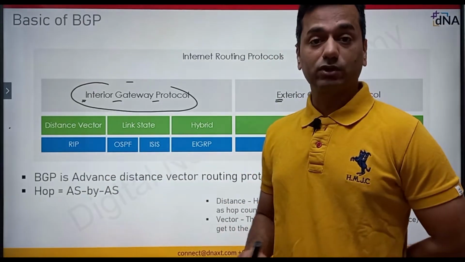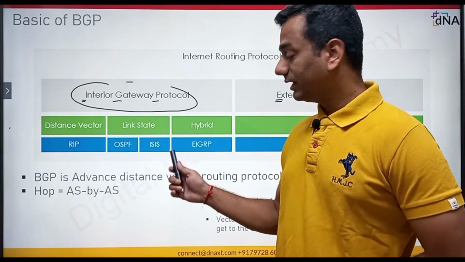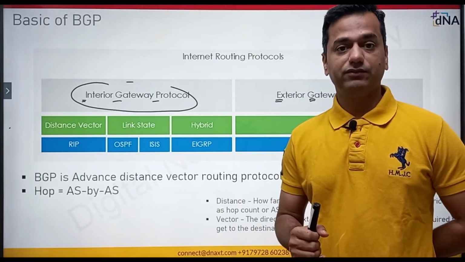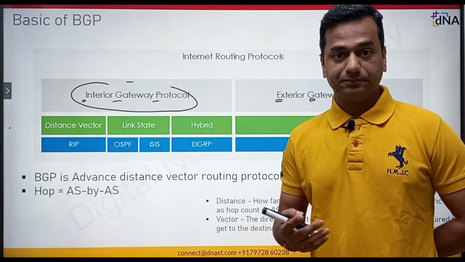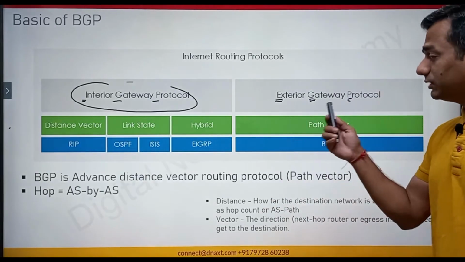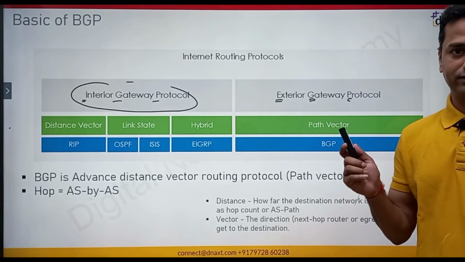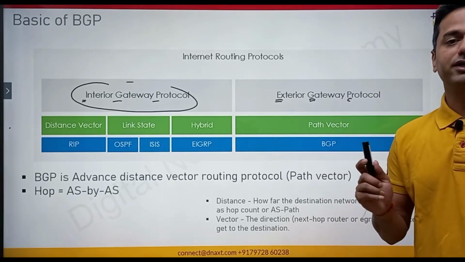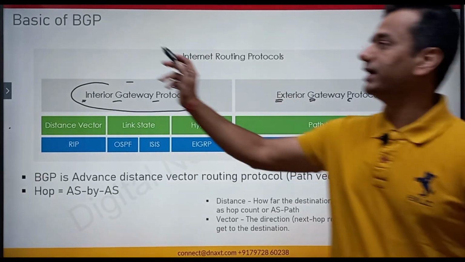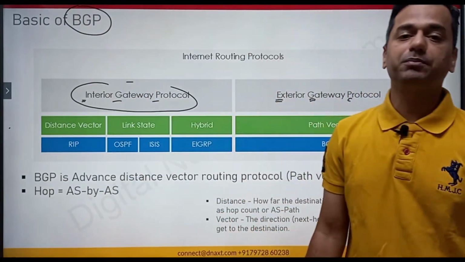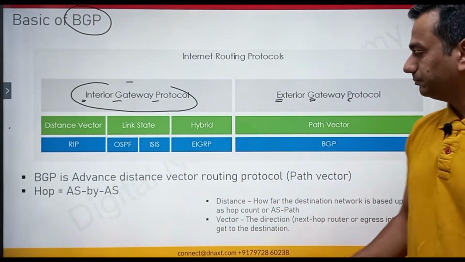Then link state routing protocols, OSPF and IS-IS. Hybrid, EIGRP, which is Cisco proprietary. Then when you come to the exterior gateway protocol, there is only one type, a path vector, BGP, Border Gateway Protocol. So today we are focusing only and only on BGP, Border Gateway Protocol.